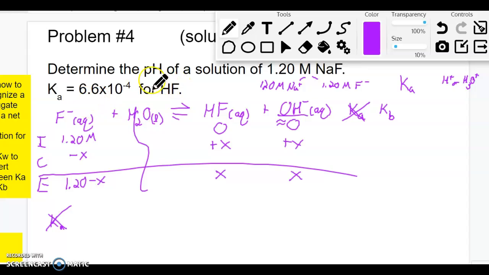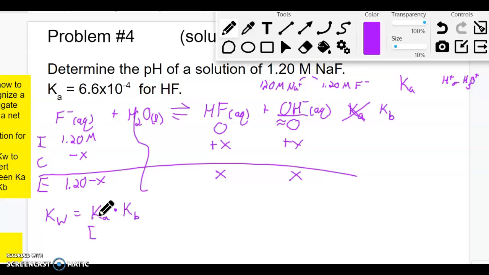Well, they give it to you because this is an actual value for HF and it's related to it. And the thing about it is that we are going to actually have to use that Ka to figure out Kb. And the relationship between the two can come in one of two ways. And it's really related to water. Kw, the equilibrium constant for water, is equal to Ka times Kb.